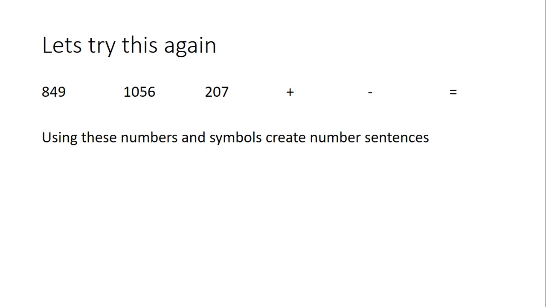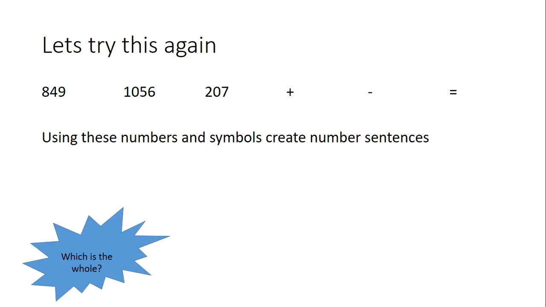But that may not be the case. We know that the equal sign is simply like a balance, so that both sides will balance out. Anyway, once again, using these slightly larger numbers and the symbols, I'd like you to create some number sentences after you have done a bar model.